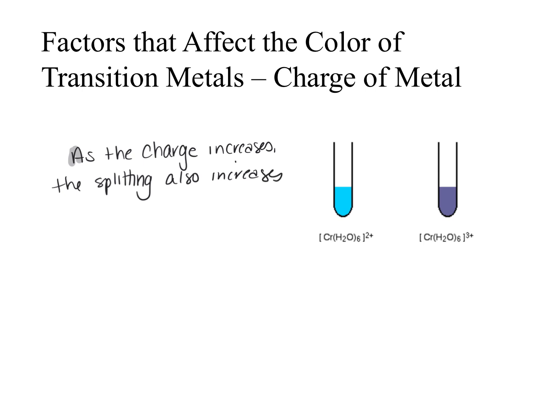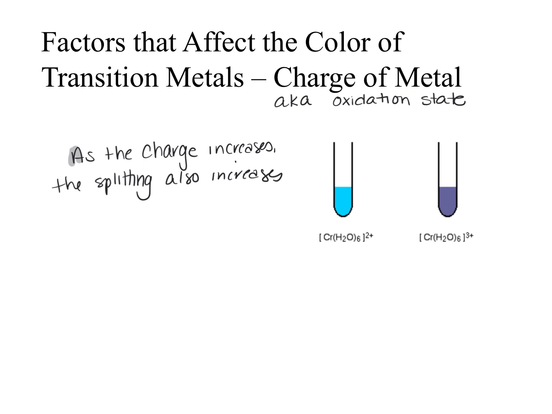So changes to the charge on the metal are what cause this. This charge on the metal is also sometimes called an oxidation state. So you're going to see that as a synonym. So for example, if we have chromium here, the ligands are the same. The only thing that has changed is the charge. That is why we see a color change here. It's because the charge has changed the splitting between those d orbitals.